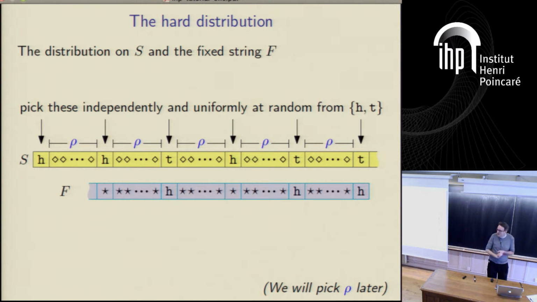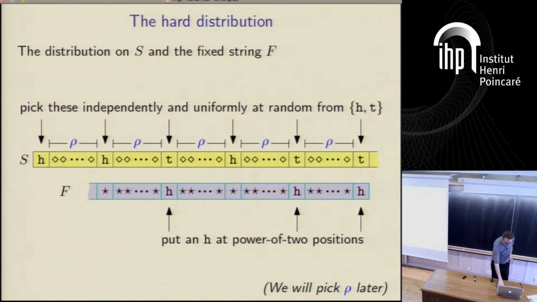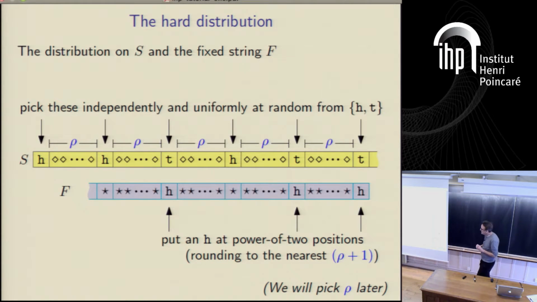Sorry, I should have said, these H's are at power of 2 positions. That's what the dots are meant to symbolize. So the general idea is that this padding with diamonds is going to force the edit distance to be very likely to be the same as the Hamming distance.